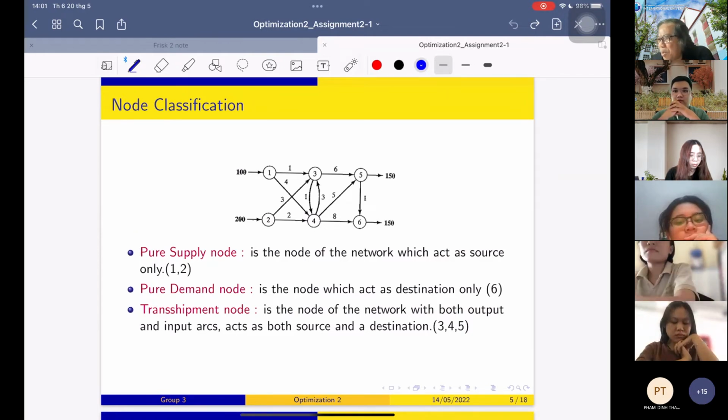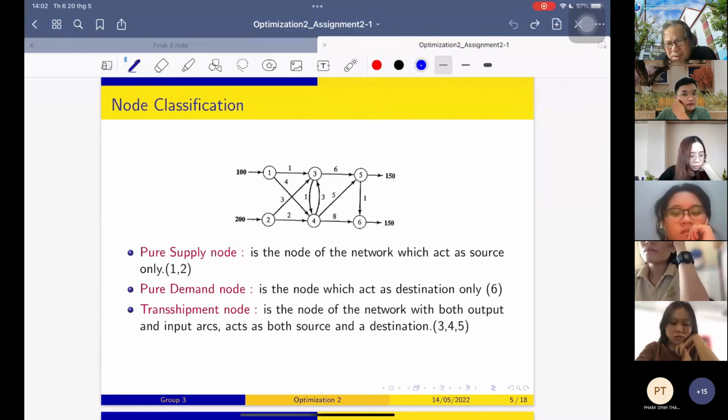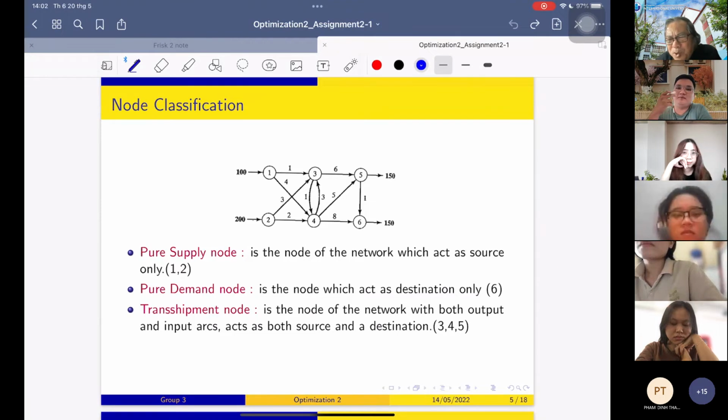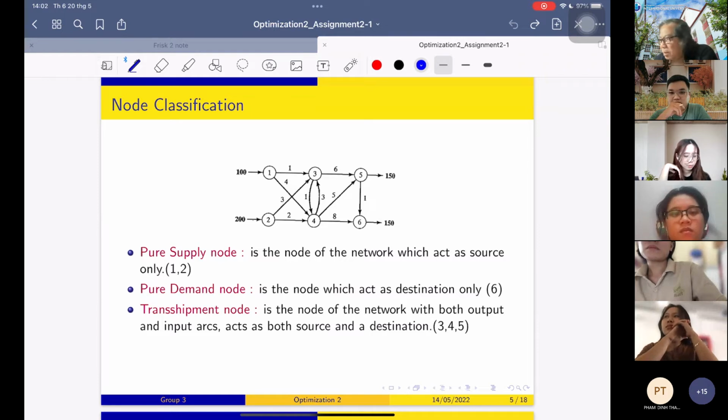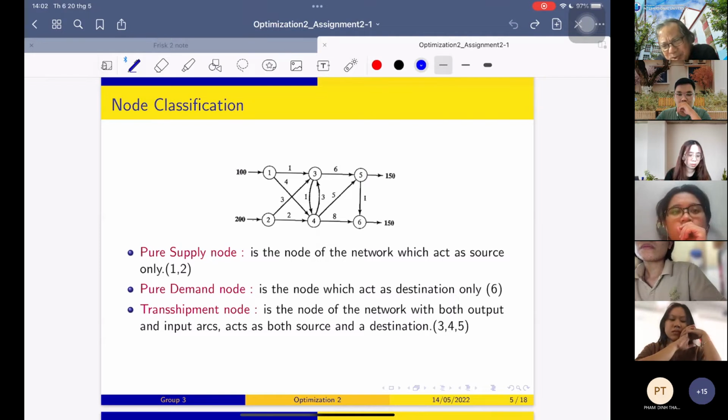Okay, in this example, we have a transshipment problem. We need to transport something from node 1 and node 2. Is that okay? These two nodes are called pure supply. And nodes 3 and 4 do not have anything to supply, so they are transshipment.